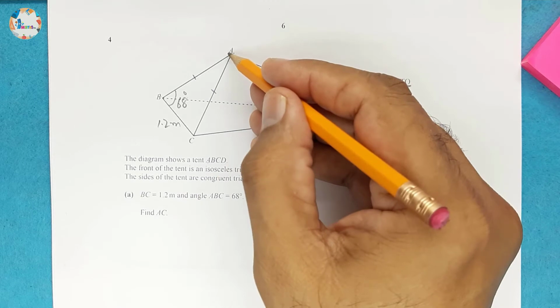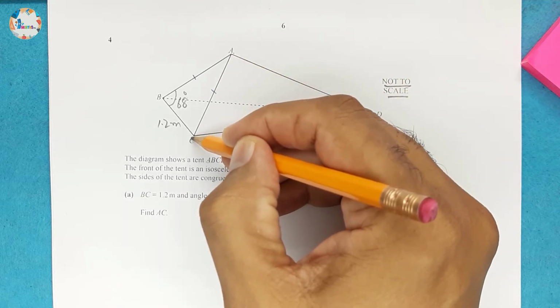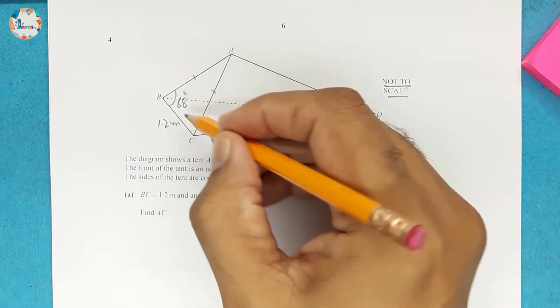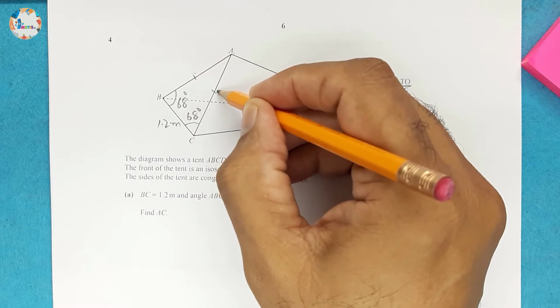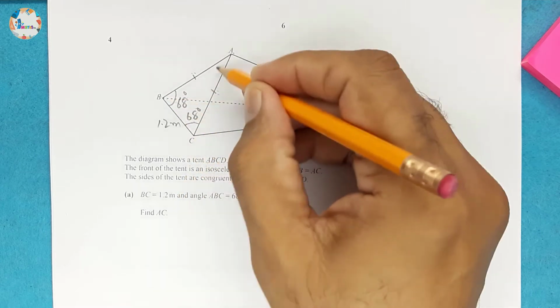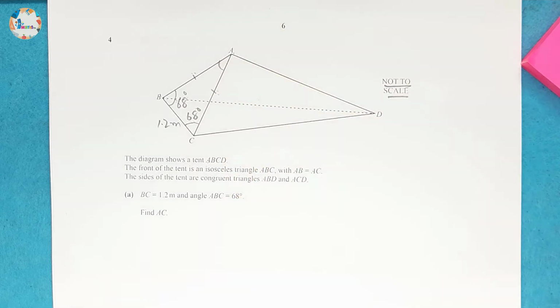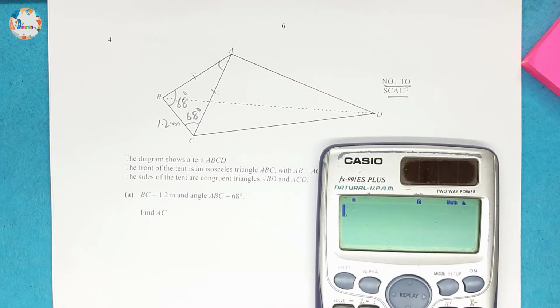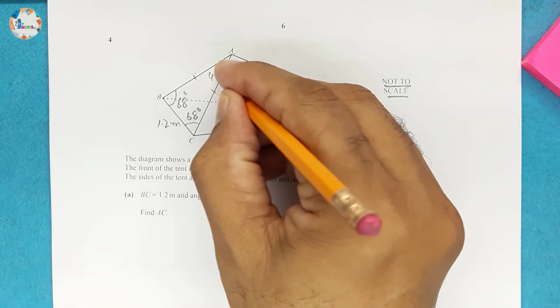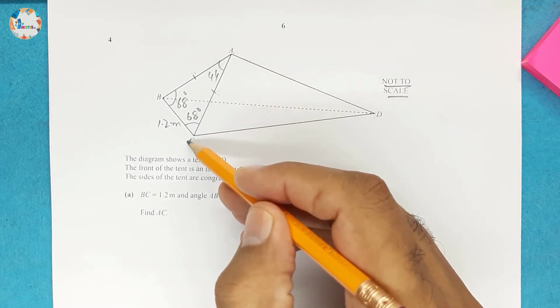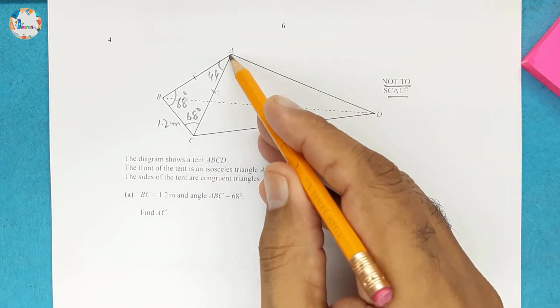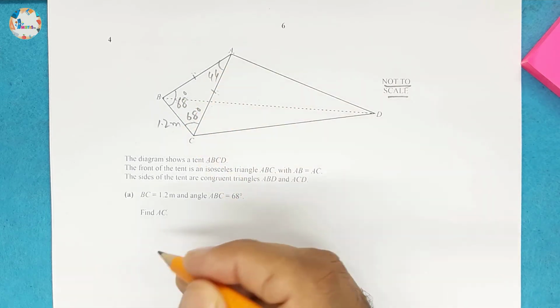Find AC. So we have to find this AC length. This is 68, so this will also be 68 degrees because these two sides are equal, so their opposite angles will also be equal. This angle we can find, which is 180 minus 68 plus 68, so this will be equal to 44. Now to find AC, we can apply the sine rule.